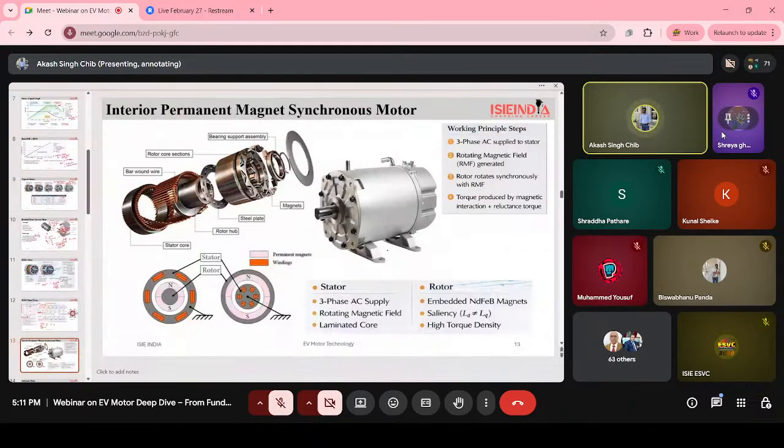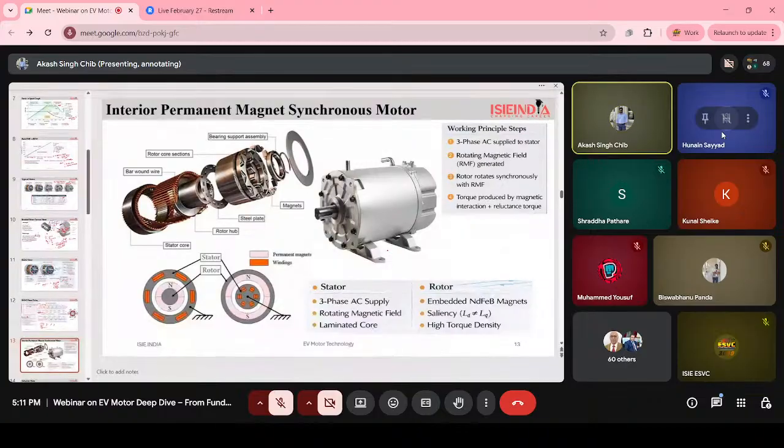Now let's discuss this more important motor, which is our permanent magnet synchronous motor. In this permanent magnet synchronous motor, there are basically two types: one is interior and the other is surface.